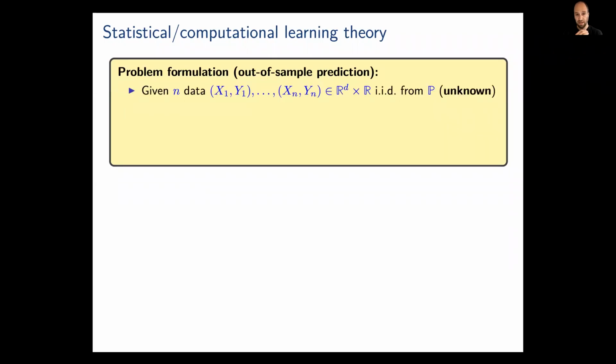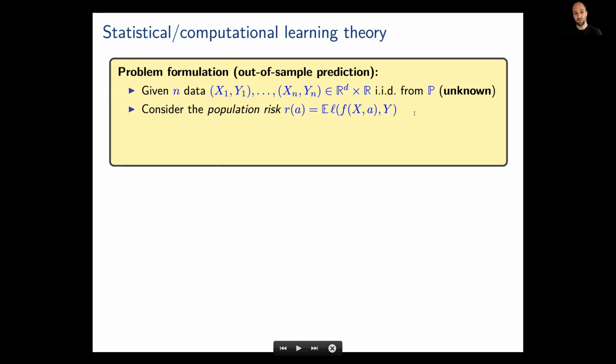So the input is given by n IID data samples coming in the form of pairs of feature vectors and label or response, coming IID from an unknown distribution P. And we define the notion of population risk, here parameterized by a certain parameter A. The population risk is defined as the expected value, over a realization of a new data point coming from the same distribution P, of a loss function, think of it as the square loss, that captures the deviation, the error between the prediction made by our function f parameterized by A with respect to the true response y.